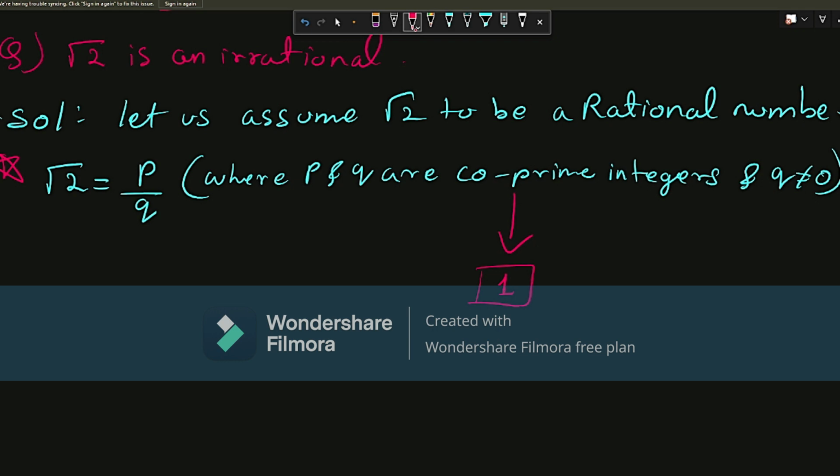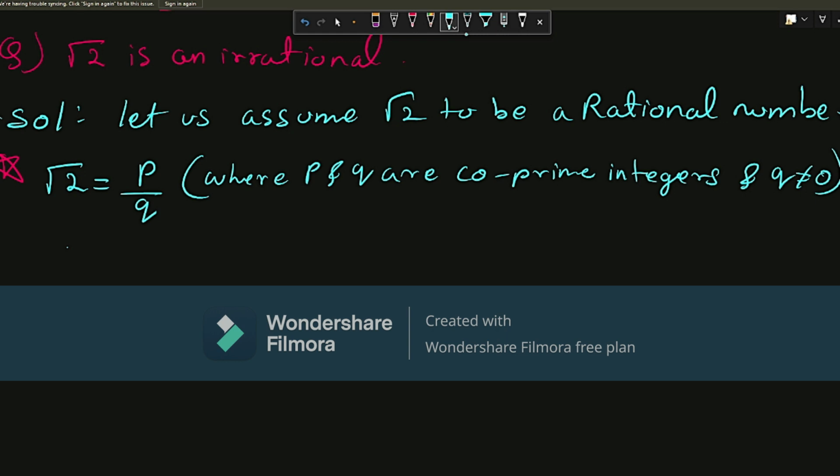Those numbers are called coprime numbers. Or you can also say that the HCF of those numbers is only 1. Let me write it: HCF of coprime is equal to 1. Now let's get back to our topic. So root 2 is equal to p by q, where p and q are coprime integers and q is not equal to 0. This statement is really important.